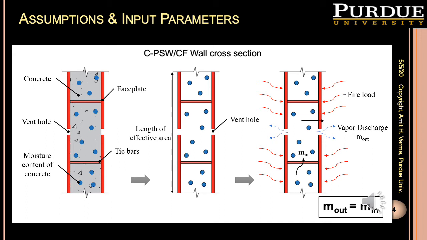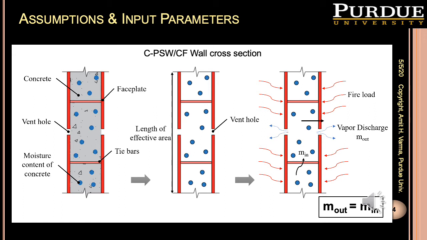depending on what the temperature of concrete is, starts converting into steam. And that would start increasing the pressure inside the wall. And then the vent holes would start discharging vapors.